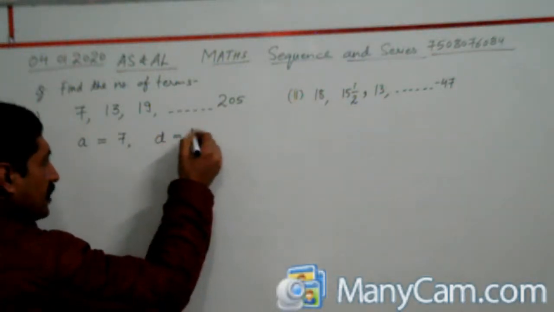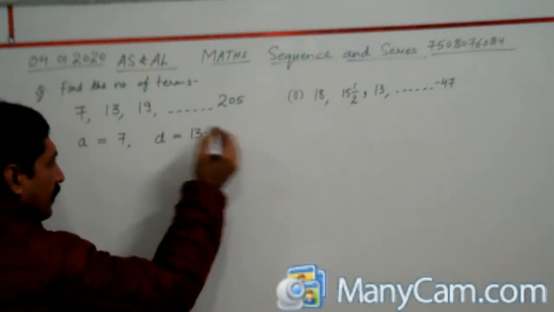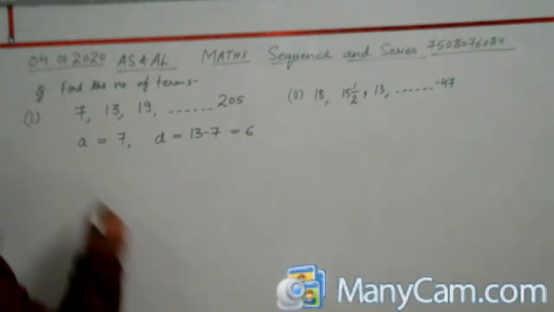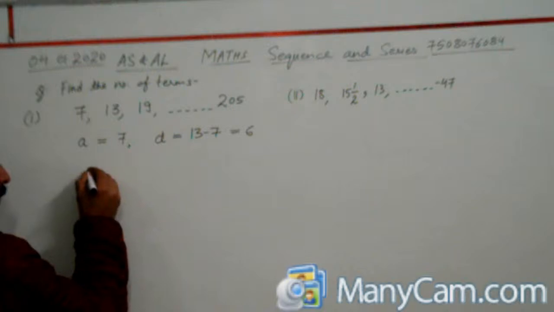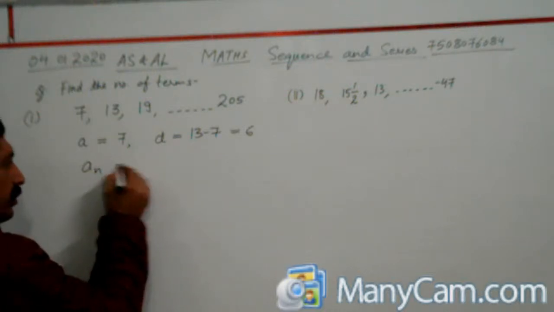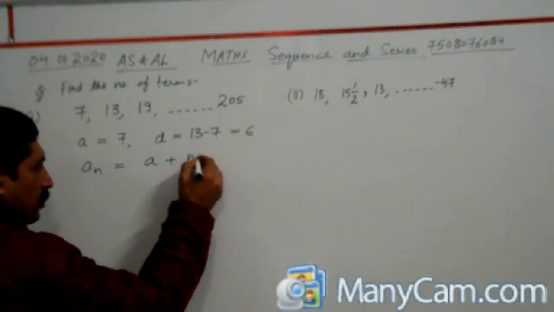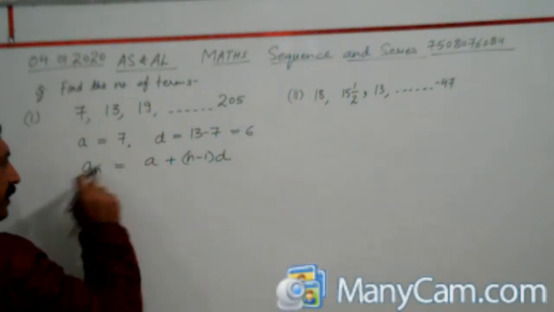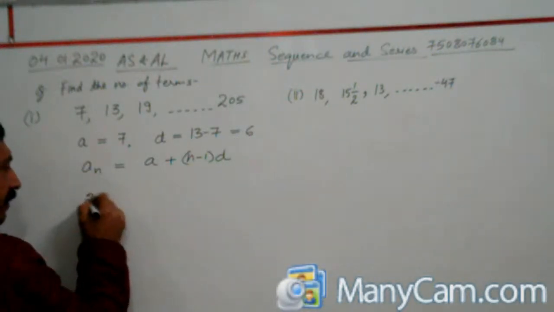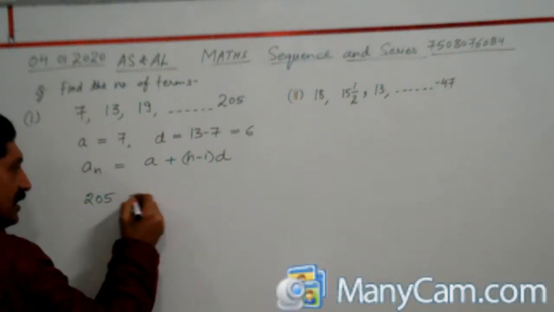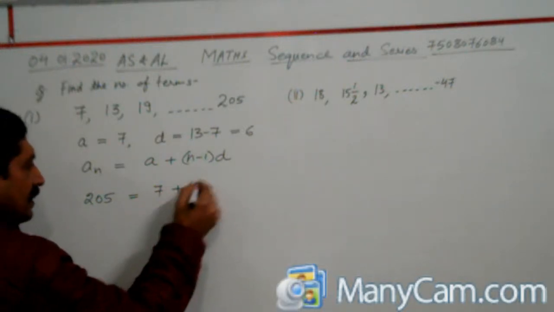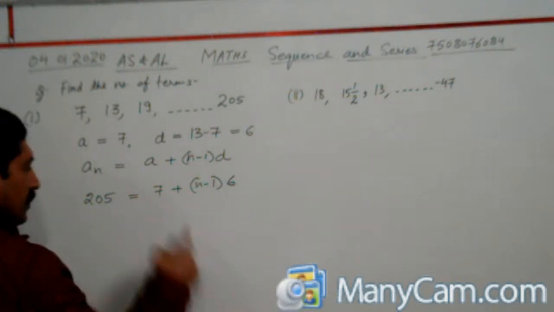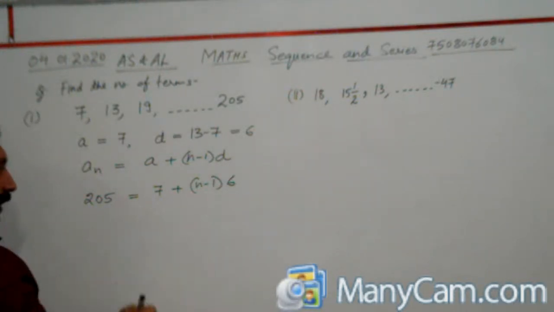The common difference is 13 minus 7, that is 6. So the formula is an is equal to a plus n minus 1 into d. The common difference is 6, a is 7, an is 205. So 205 is equal to 7 plus n minus 1 into 6. We will solve it and find the value of n.